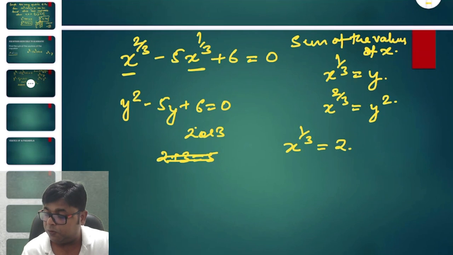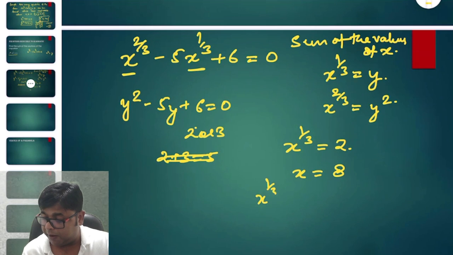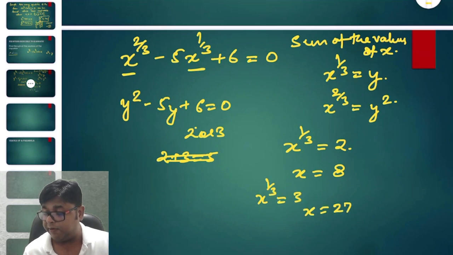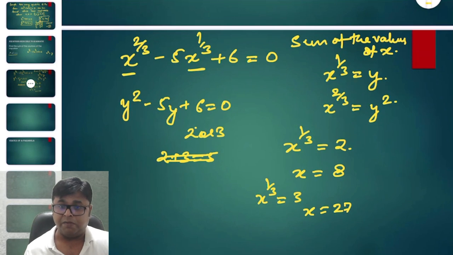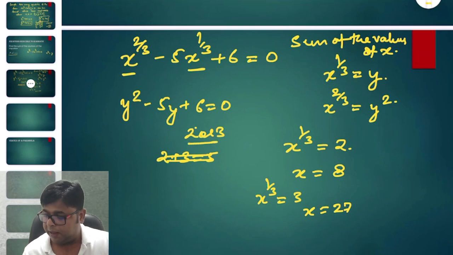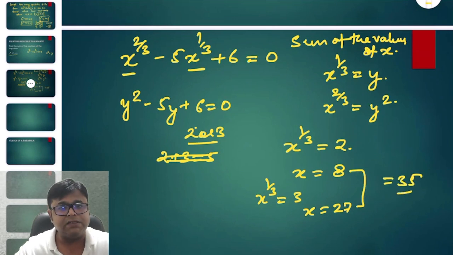So if I put it as 2 and cube both sides, x will give me 8. And if I put x to the power 1/3 as 3, then cubing both sides will give me 27. So the sum of the values of x will not be 5, because that is for y. For x, it will be 8 plus 27, which is 35. So these kinds of equations are called equations reducible to quadratic, right?